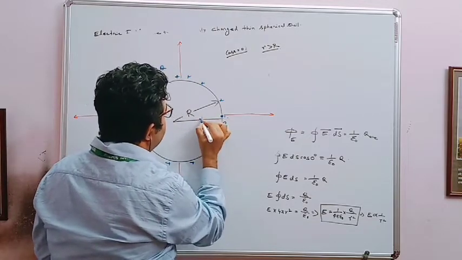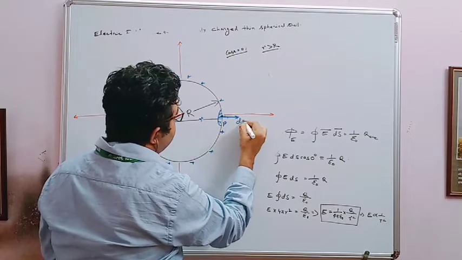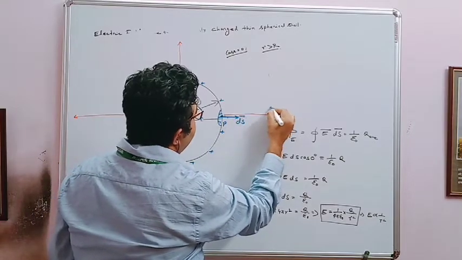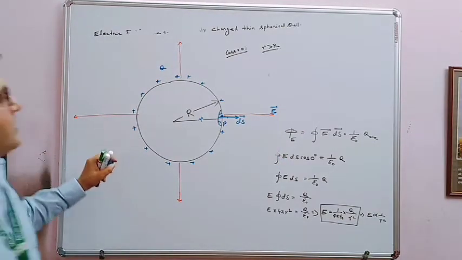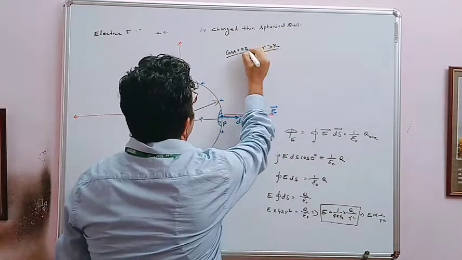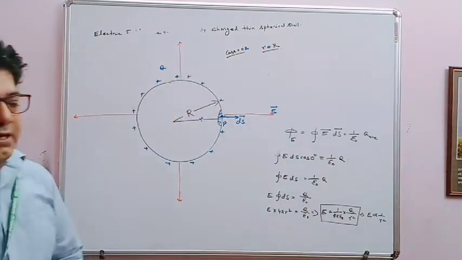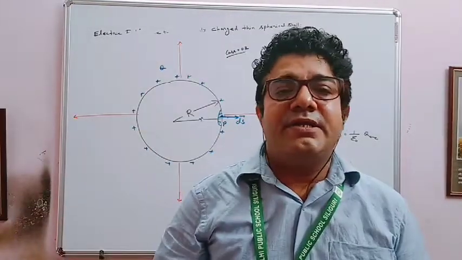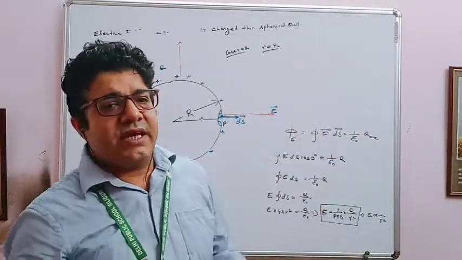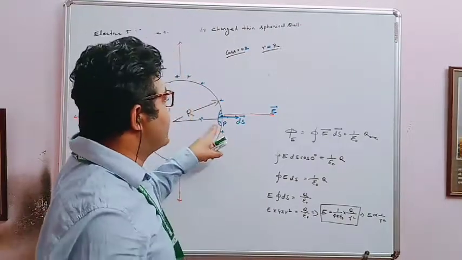The area vector is normal to the surface, and the electric field is also in the same direction. So this is the second figure. Here we can write case 2, and small r equals capital R. So in the first one, small r greater than capital R means outside the shell. Now in the second one, small r equals capital R means on the surface of the shell.